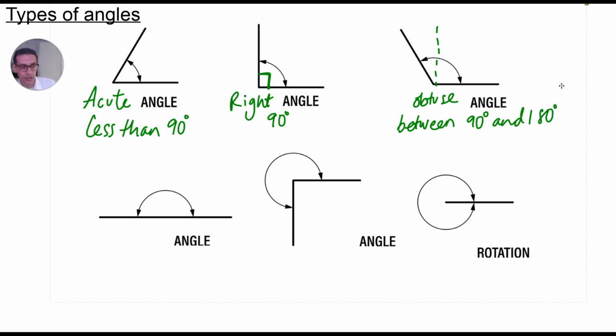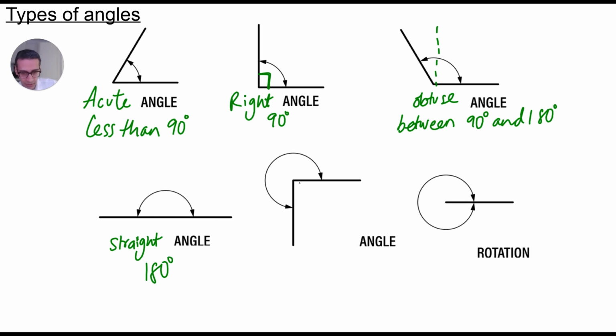Notice it doesn't include 90 and 180 because 90 would mean it's a right angle and 180 would mean it's the following, which we call a straight angle. A straight angle is going to be 180 degrees.